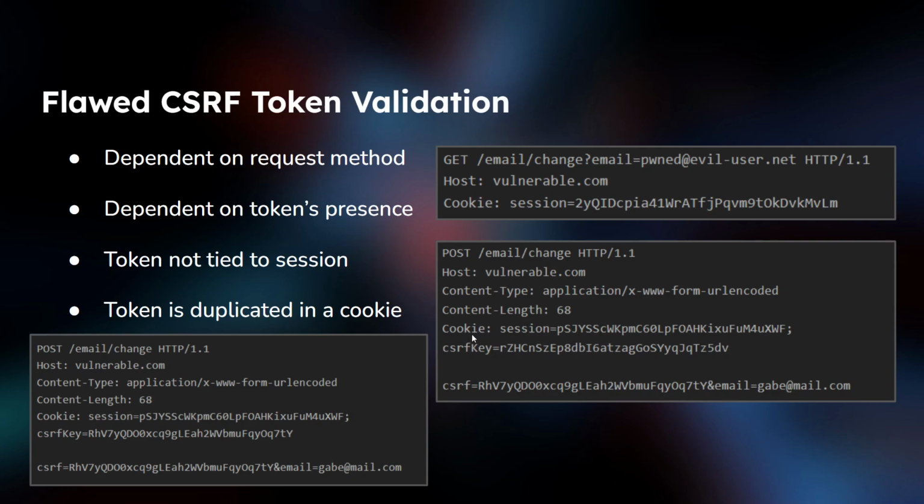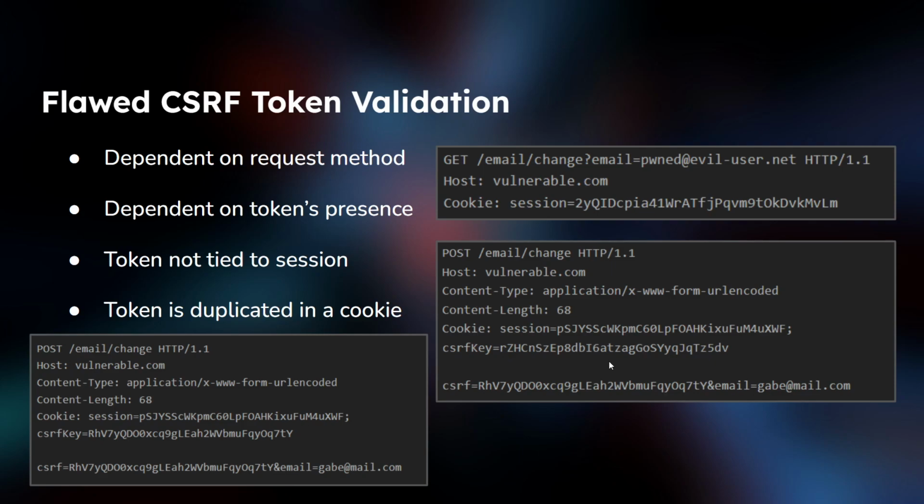Because it's harder to inject a token that we don't know about, but if the token is linked to a cookie that we know about, we could have our form submit the CSRF token and this data, and in addition to passing the session cookie, if we have cross-site scripting, we could use it to inject the CSRF key cookie into the victim's browser.